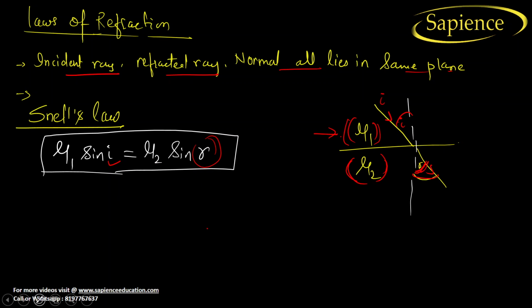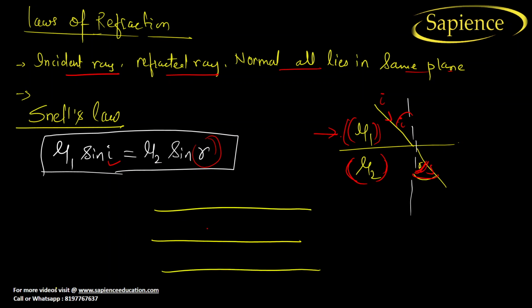If there are more than two surfaces, let a light be moving like this and like this. This is i1, this is i2, and this is i3.